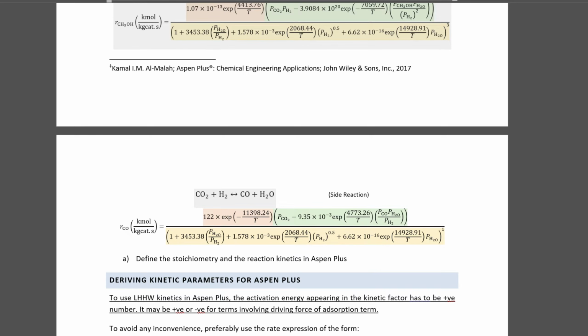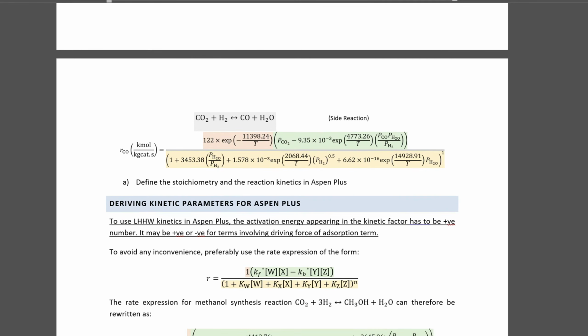So let's first determine the coefficient values that can be inserted in Aspen Plus to complete the definition of the LHHW model. The most important information in considering the LHHW kinetics in Aspen Plus is that the activation energy appearing in the kinetic factor has to be a positive value.